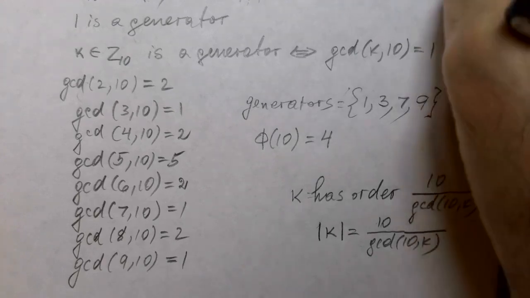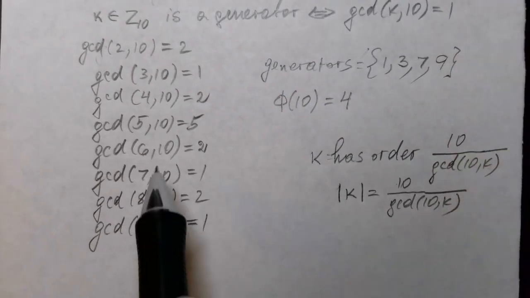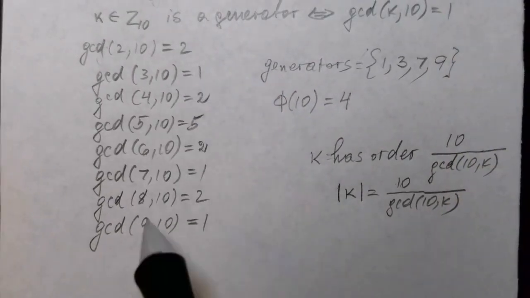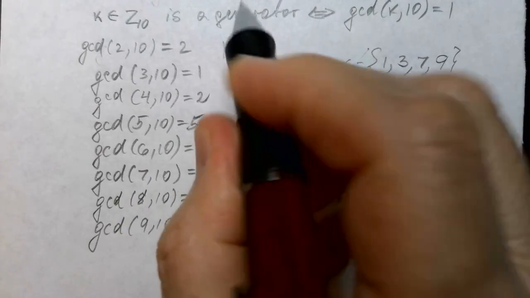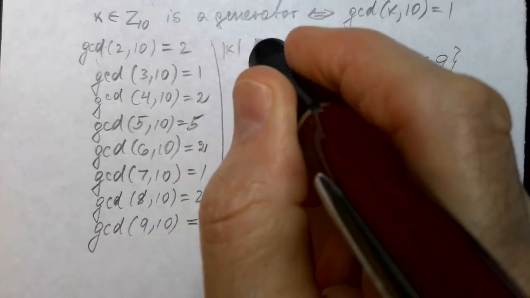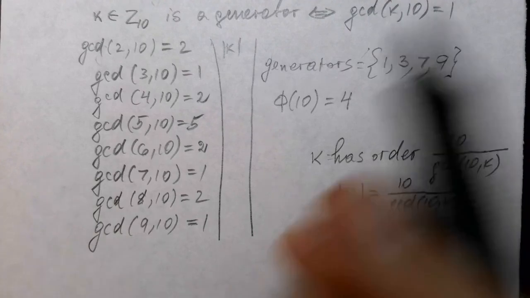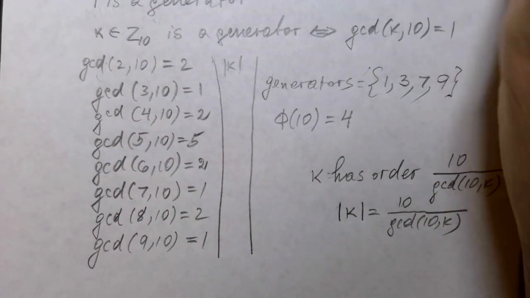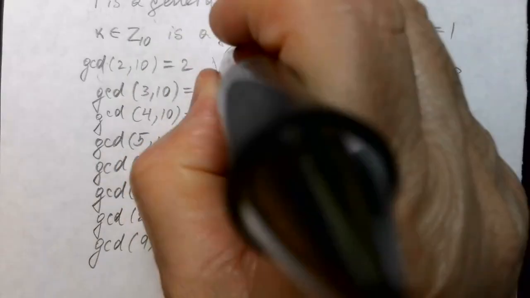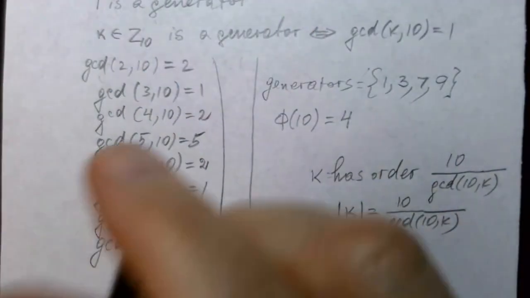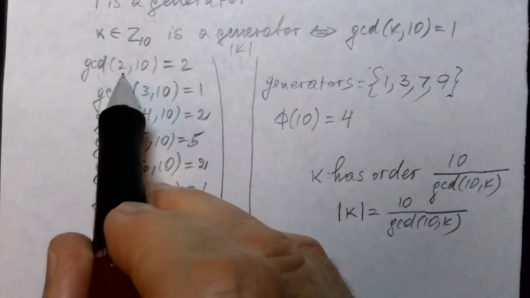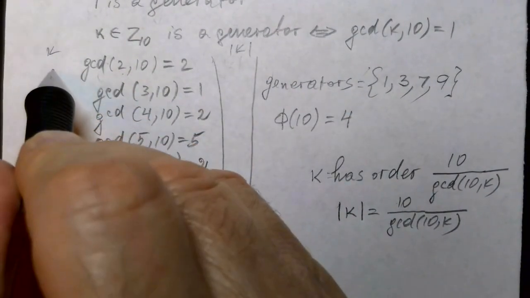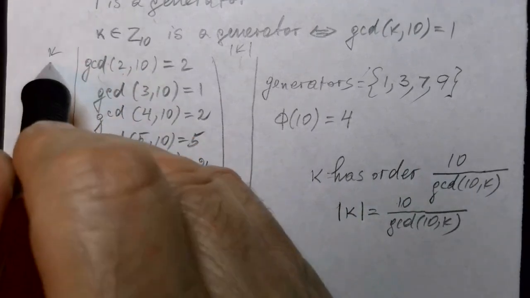And we can find all orders because we found those GCDs. The order of k here, I can write it in this column. So in this column we have k.